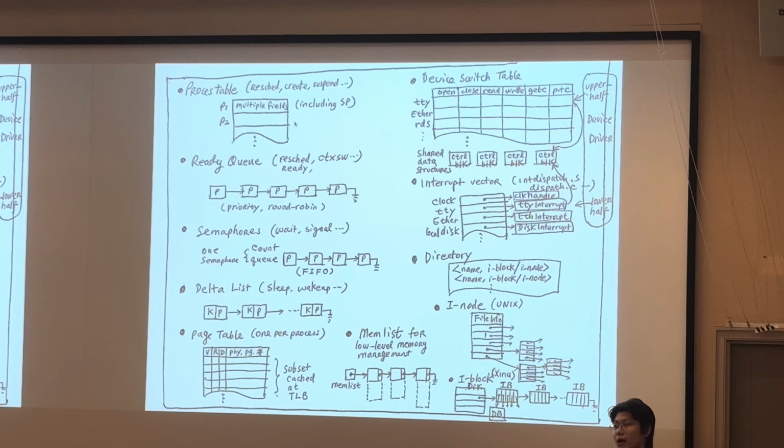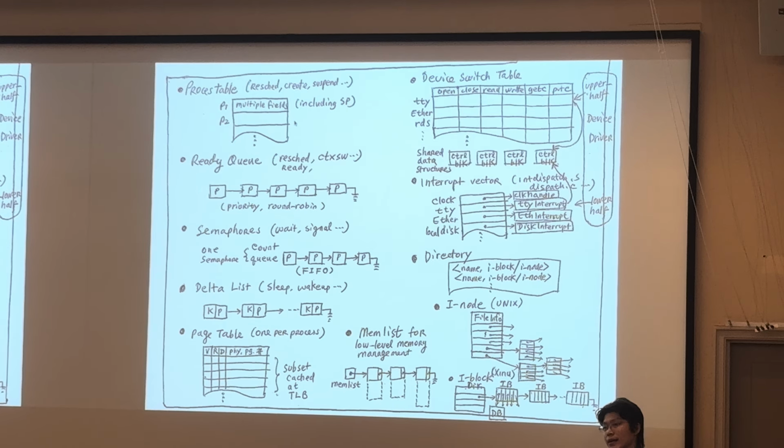When you want to send a request to a device, your user program will need to be able to directly communicate with it. For example, if you want to write to your monitor, your console, that's how your user program uses the device driver.